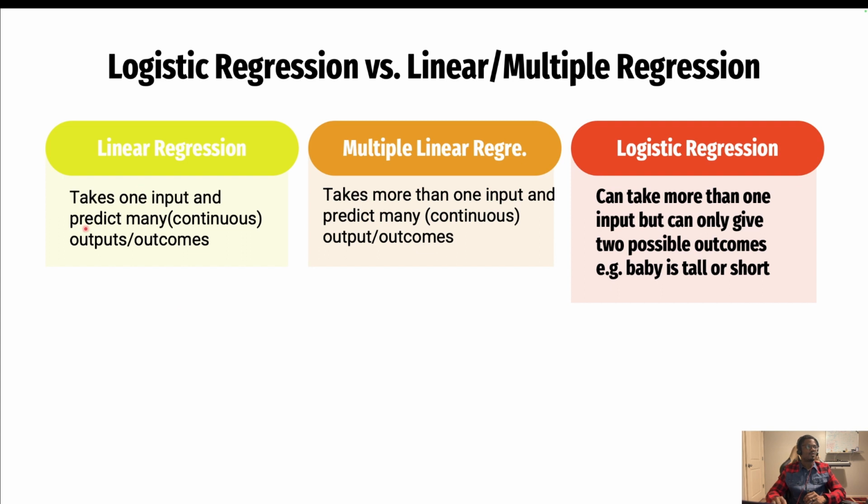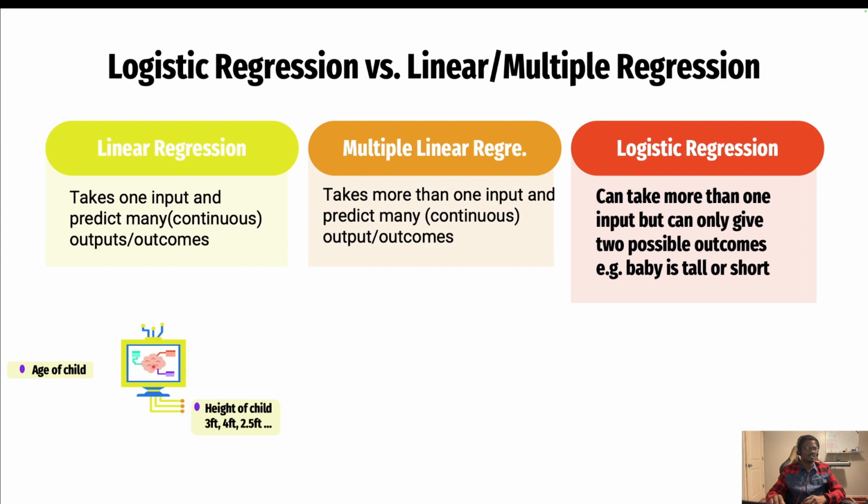So we know that linear regression takes one input and predicts one output of continuous outcome, right? We have a picture here, the one that we did before.